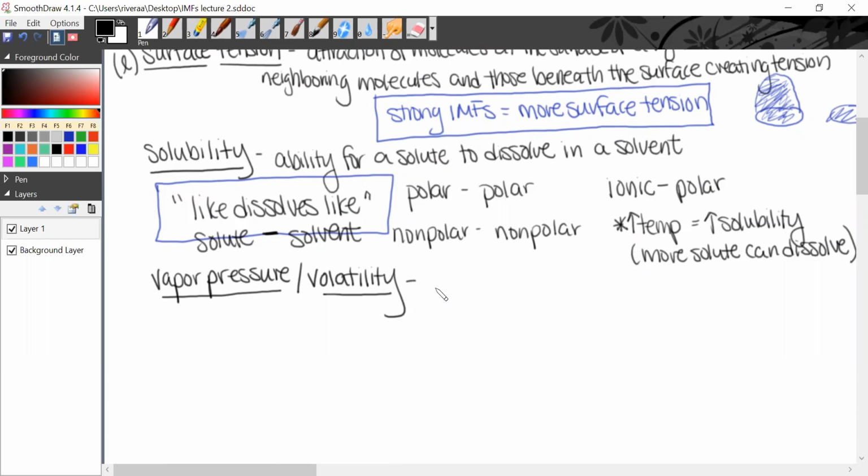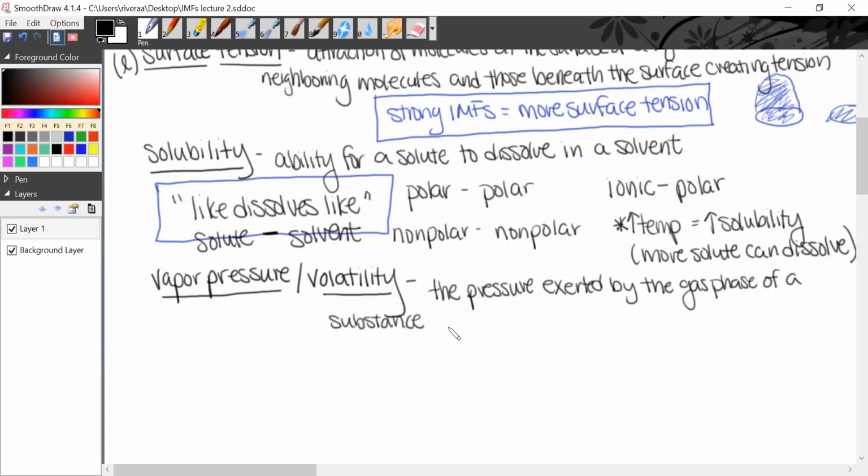Okay, so vapor pressure is the pressure exerted by the gas phase of a substance when it is in equilibrium with the liquid phase below it.